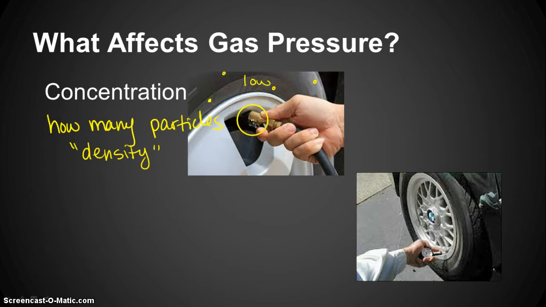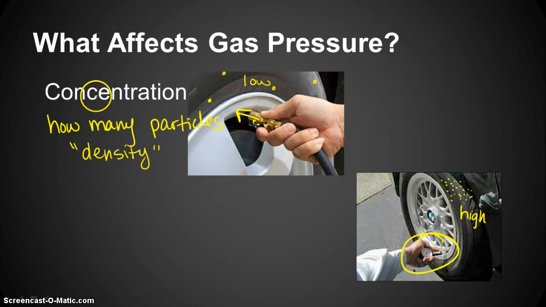But as we pump air in, so here's a whole bunch of gas particles, and we're moving these all into the tire. So after we've added the air, now the gas particles are very close and tight to one another. They're very crowded. Because they're crowded, they're going to run into the walls of that tire more often. And because of that, now the pressure inside is high. And so we're going to read a higher pressure reading.